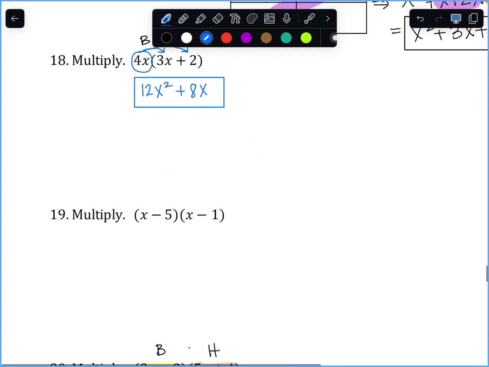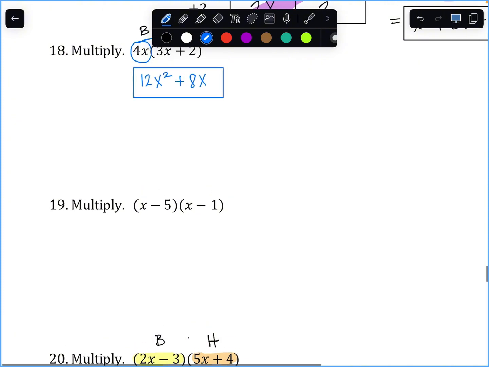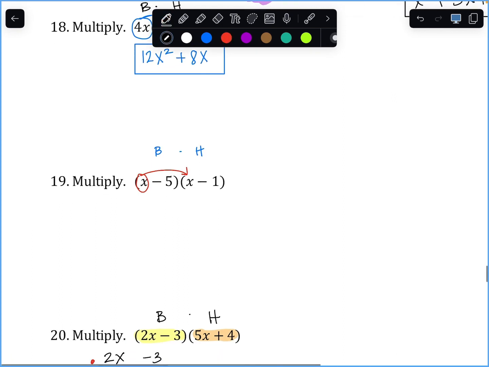Number 19, I am not going to use my box. I am going to use that. Okay, this is my base. This is my height. So therefore, I am going to take this guy, multiply it by that guy. First term of the base times first term of the height, x squared. And then I'm going to just go in order.